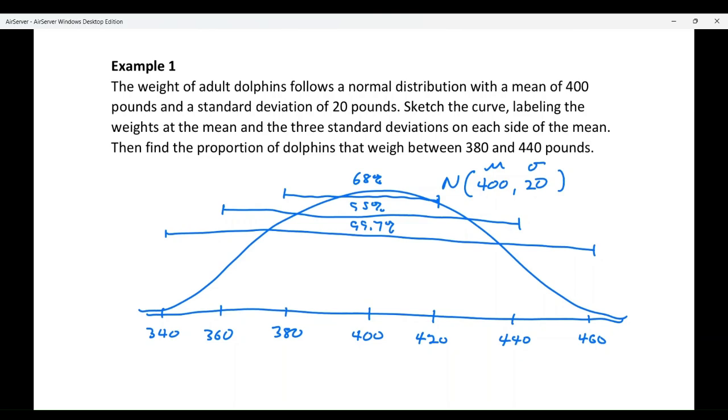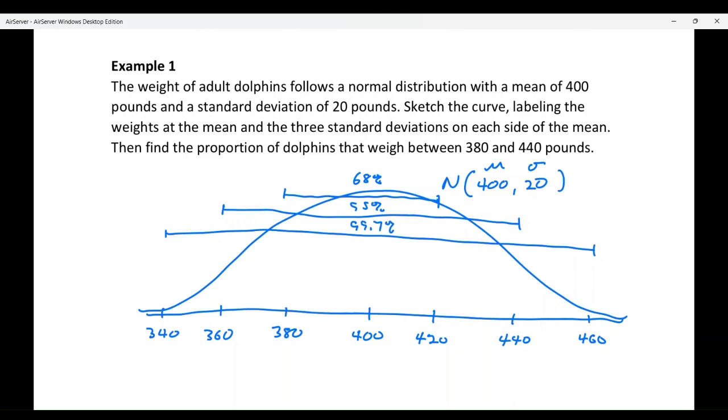And as we think about this, we can think about extreme values, right? If I'm a dolphin, which would kind of be cool, and I weigh 470 pounds, I'm a pretty heavy dolphin, right? I'm a rare dolphin in that regard because there's only 0.3% in total on both ends, which means there's only 0.15% on the left and 0.15% on the right beyond 3 standard deviations.